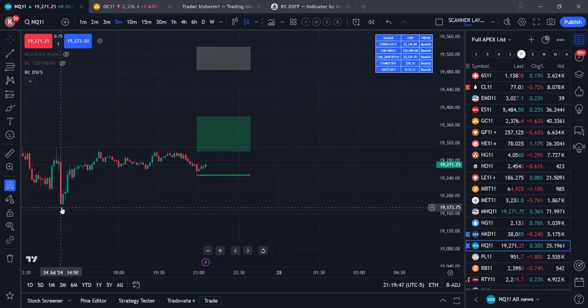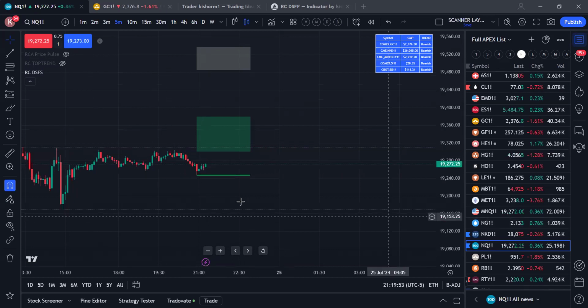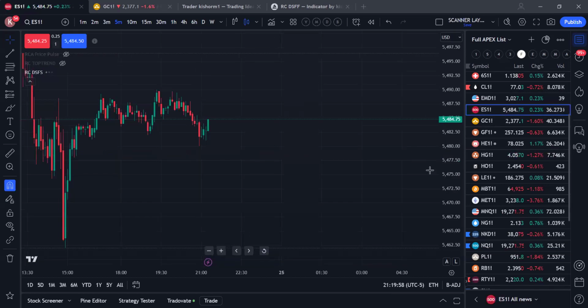Market ended at 160. Now it is already 272. So we may see NQ and ES both moving up.